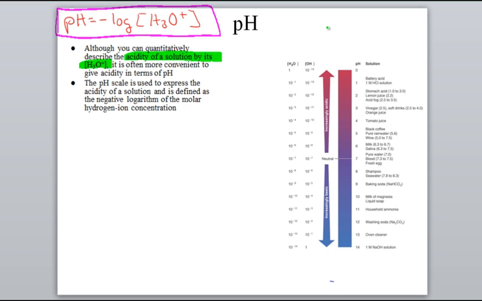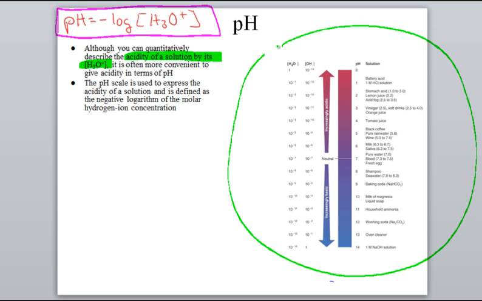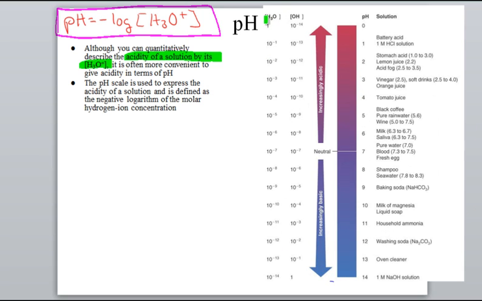Shown in this diagram over here are common solutions that you see in your everyday lives and their acidity levels. It also highlights how the hydronium and hydroxide ion concentrations change, meaning as one increases, the other decreases. So in this first column is the hydronium ion concentration, in the second column is the hydroxide ion concentration. When these two concentrations are equal to each other, it's said to be neutral.